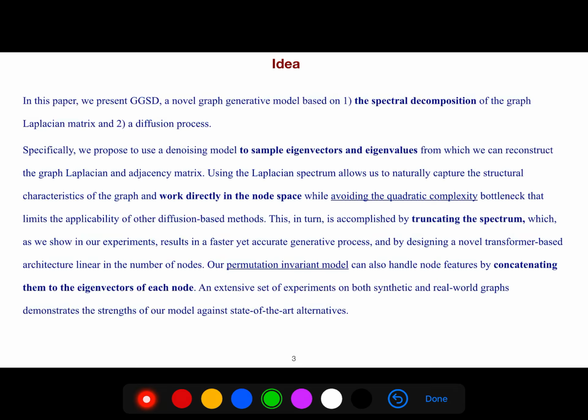This is very good for graph topology, and work directly in the node space while avoiding the quadratic complexity bottleneck that limits the applicability of other diffusion-based methods.